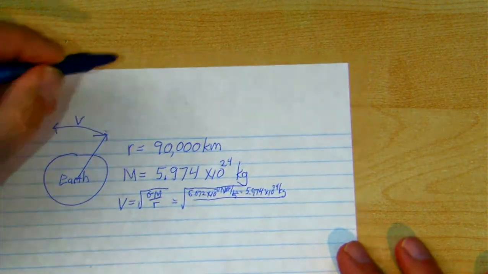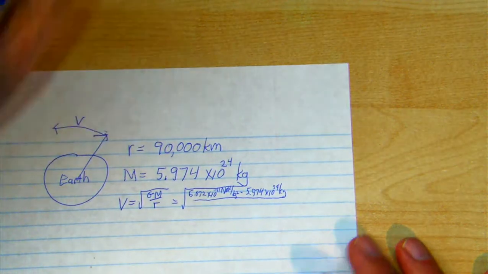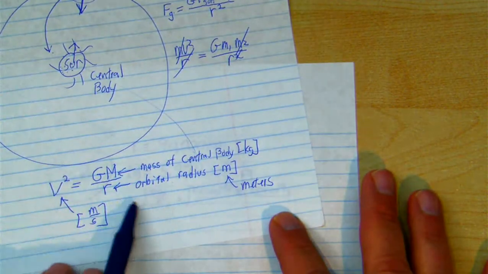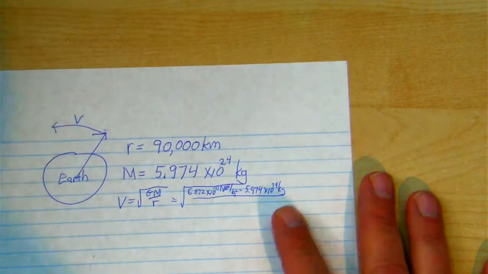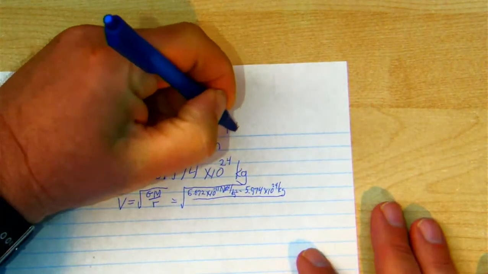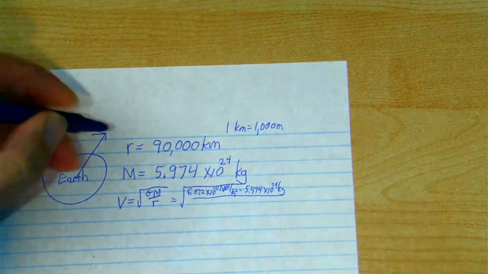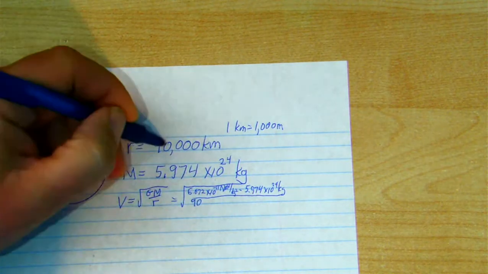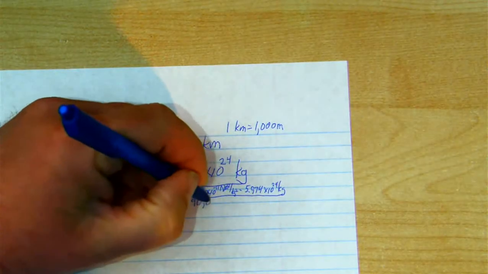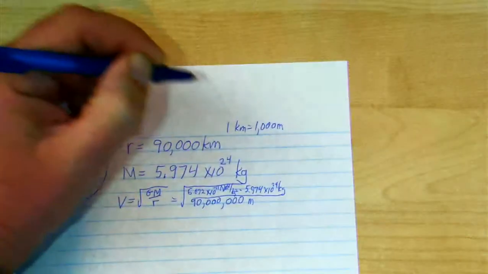But careful, I presented it in units of kilometers, but it has to be calculated in units of meters, knowing that 1 kilometer is 1,000 meters. I would submit that 90,000 kilometers is 90 million meters.